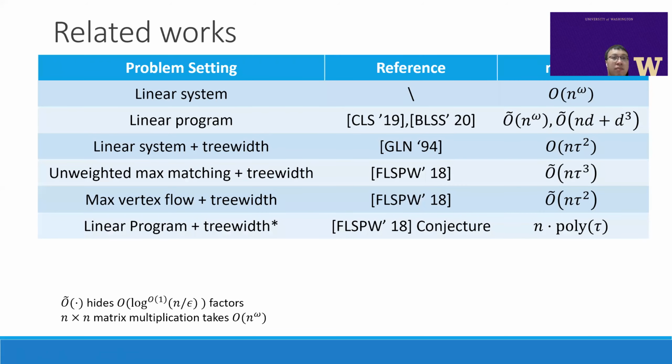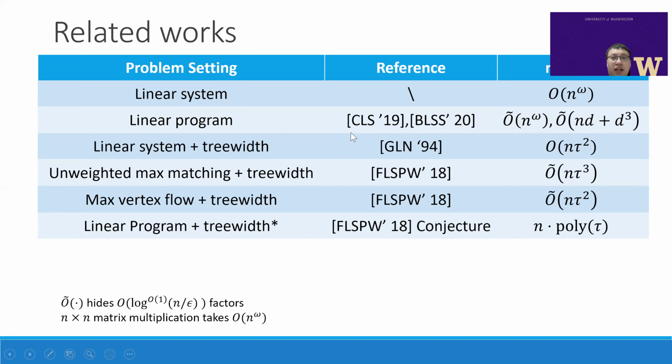Okay, now let's go over some related works. Historically, the problem of solving linear programs is very well studied, and we know how to solve linear programs in time n to the omega, where n to the omega is the time it takes to multiply an n by n matrix.